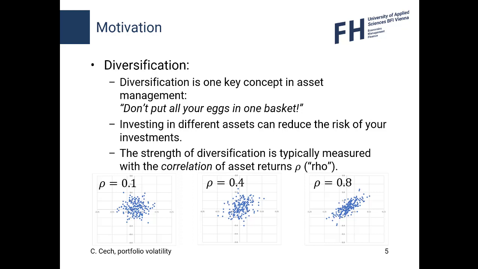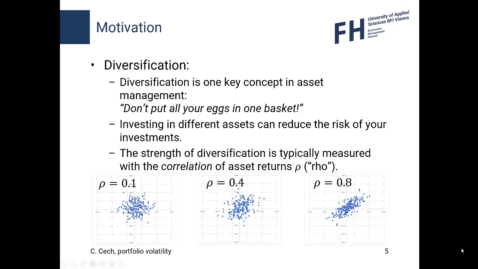On the right hand side we see simulated returns with a correlation of 80% or 0.8, and you can see that here the correlation is very strong, and there's a very strong tendency that if the one asset has high returns, that also the other one has high returns.